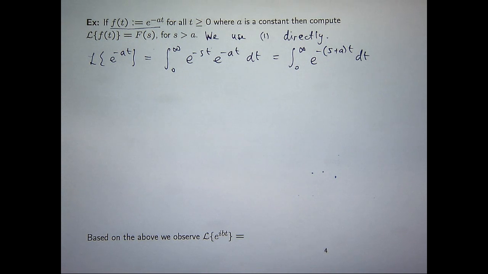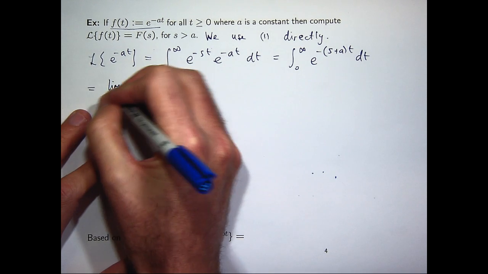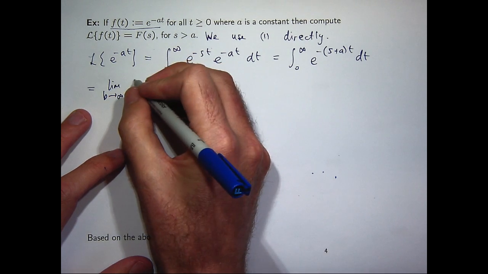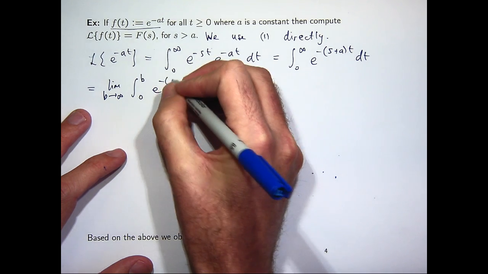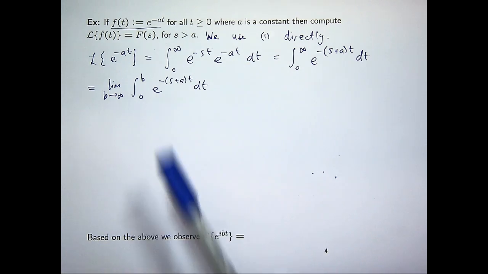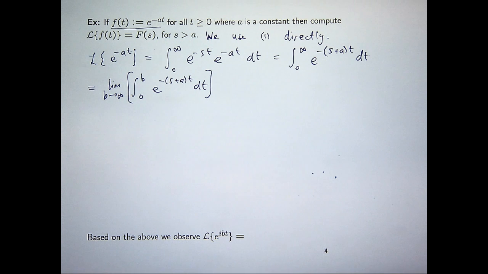Now, if I wanted to be very careful, what I would do is write this improper integral as the following limit. So as b goes to infinity, it's just the following. So I do the integral first, and then I'll take the limit. If that limit exists, then we say the integral converges.